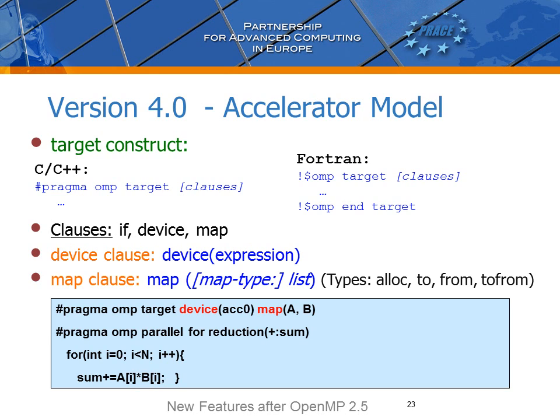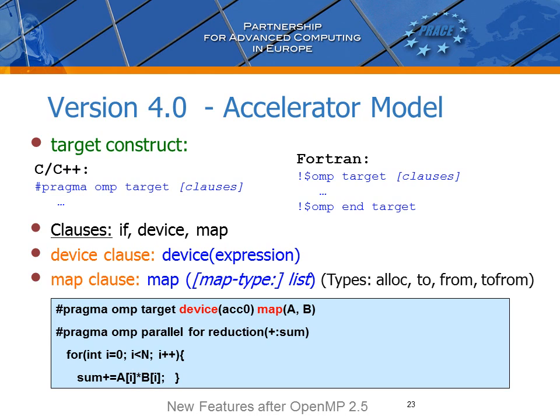If there is no device clause, it is determined by the default value of the internal control variable associated with the device. The map clause maps a variable from the current task's data environment to the device data environment associated with the construct. The map type determines how the new list item is initialized.